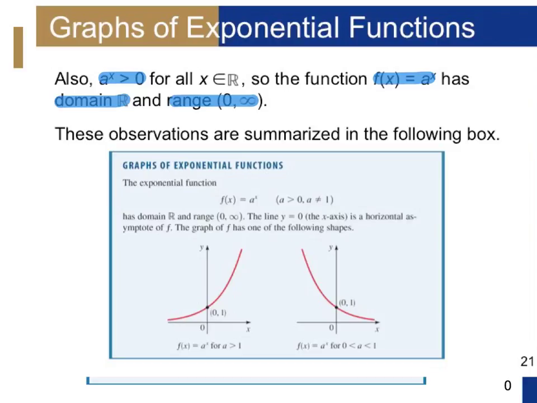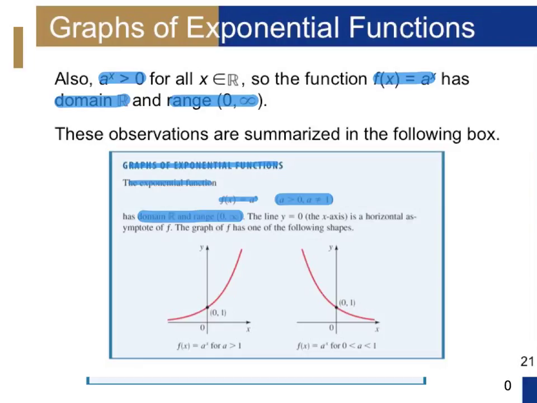Okay, so let's just summarize. The graphs of exponential functions. The exponential function f of x equals a to the x, where a is greater than 0 and a is not equal to 1, has domain all reals and range 0 to infinity, not including 0.